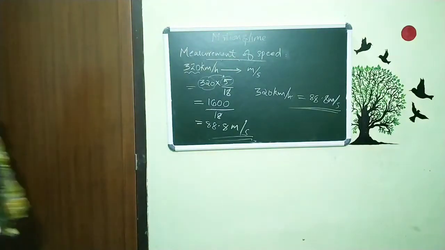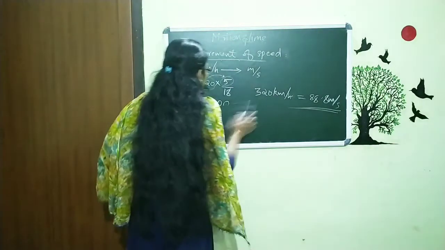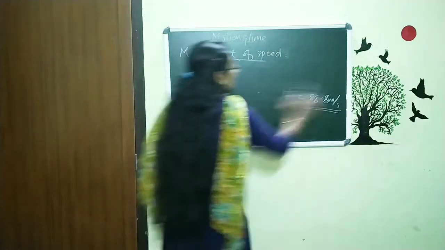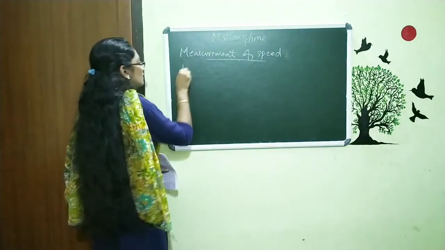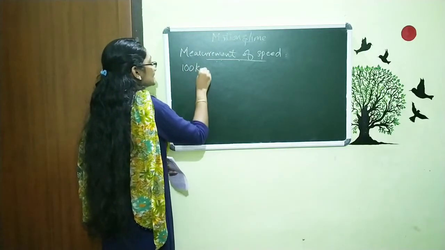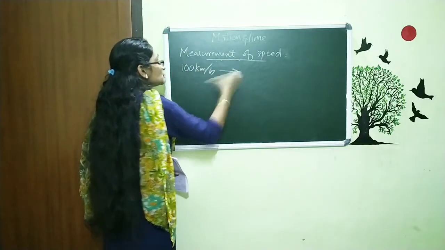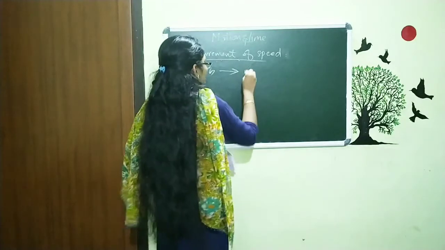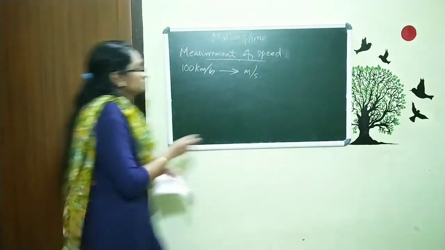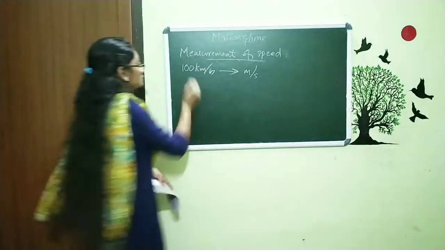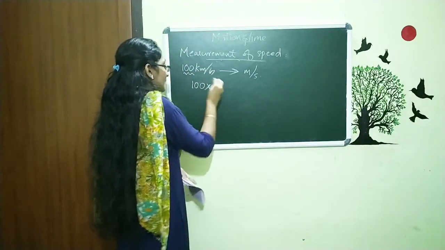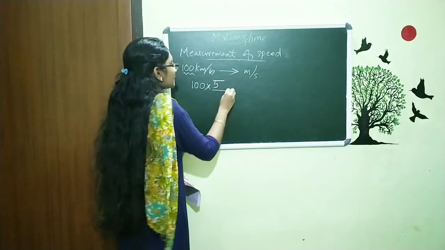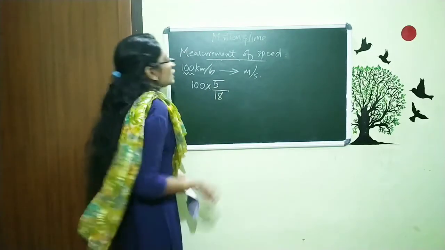Now again we are doing one more example with 100. The question is this: convert 100 kilometer per hour to meter per second. How are we doing this? Again we take this 100 and write it, and then multiply this by 5 by 18.